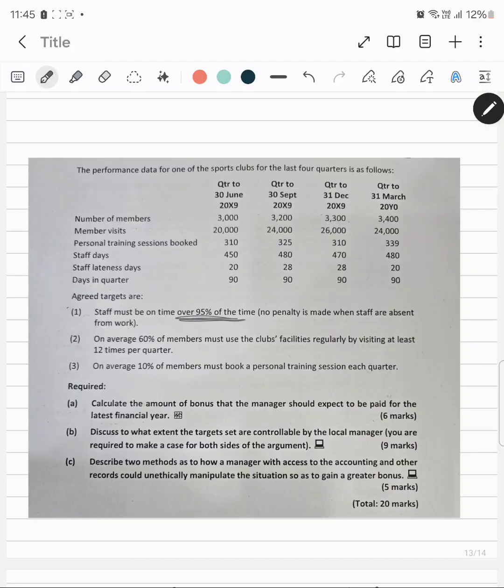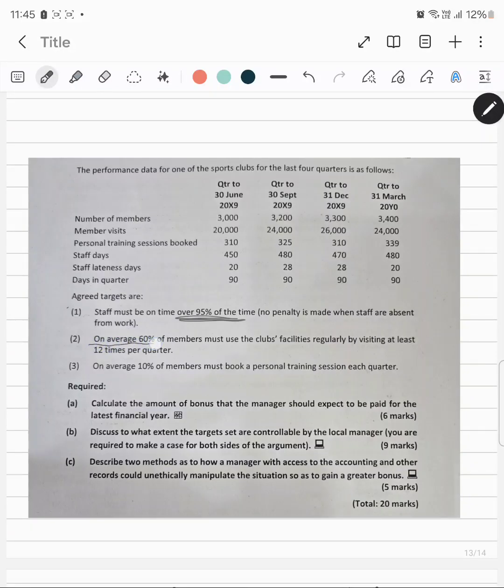Okay, now actual number of visits. What are they? Staff days, number of visits are actually not given. So what will we do? Let me read this statement.